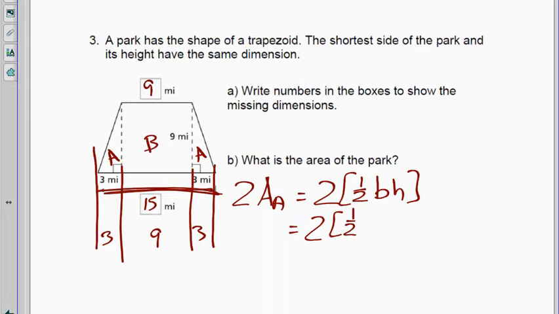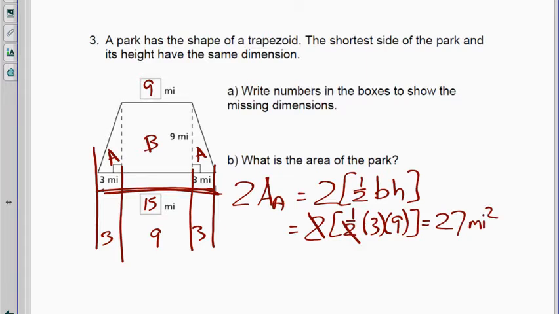The base of that is 3. The height is 9. I did this for a certain reason. Usually I find the area of shape A and then multiply by 2. I threw the 2 in the original formula to account for both of them so that I wouldn't have fractional parts. 3 times 9 is 27 miles squared.